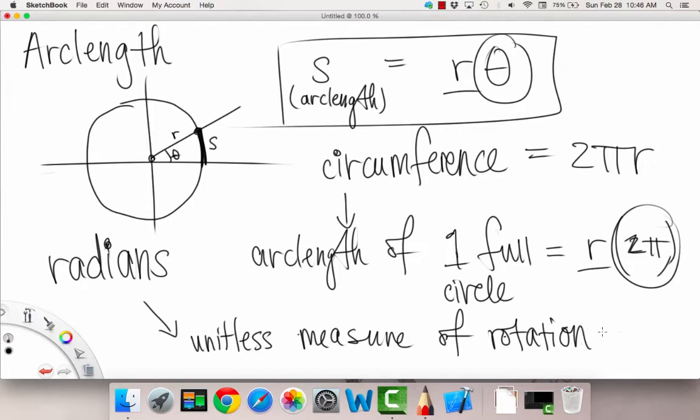So in this sense, for the arc length of one full circle, 2 pi is in the position of theta. That means when we go one full circle all the way around, our angle is equal to 2 pi radians. So we said before, one full circle, in degrees anyways, what we're familiar with, is 360.